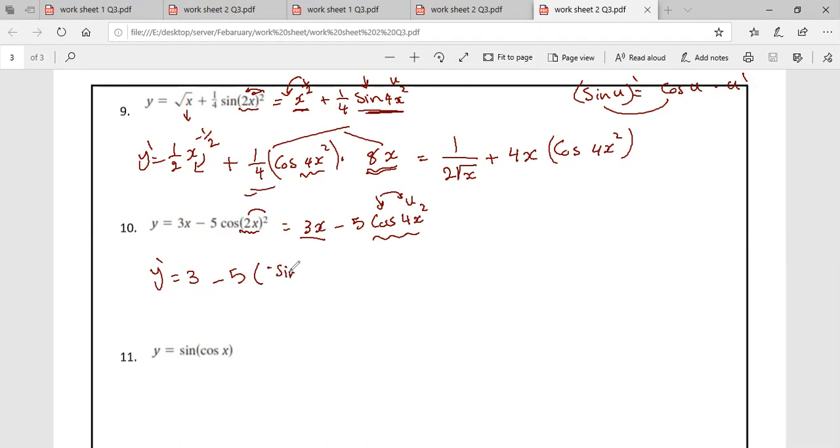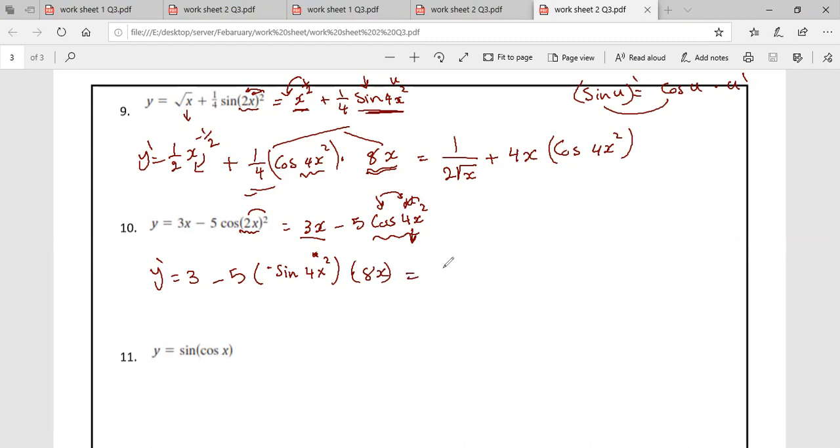Negative sine x squared. That is the derivative of the outer, and this is u as here. Okay? Multiply the derivative of the angle. What is the derivative of this one? Apply the power rule. It will be 8x.